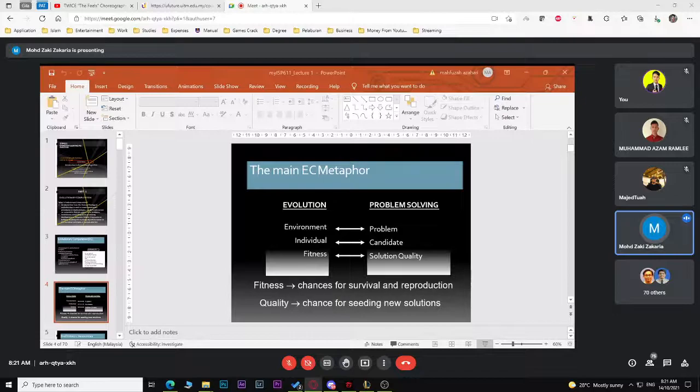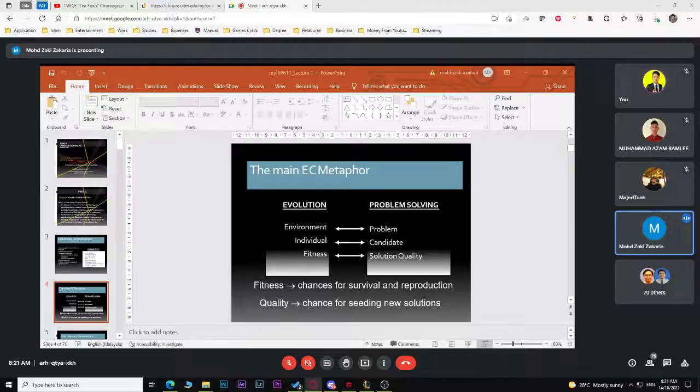One chromosome is considered one individual, one candidate. That chromosome will evaluate the fitness function, or solution quality. The best solution quality is the best output. We will discuss in detail after this.